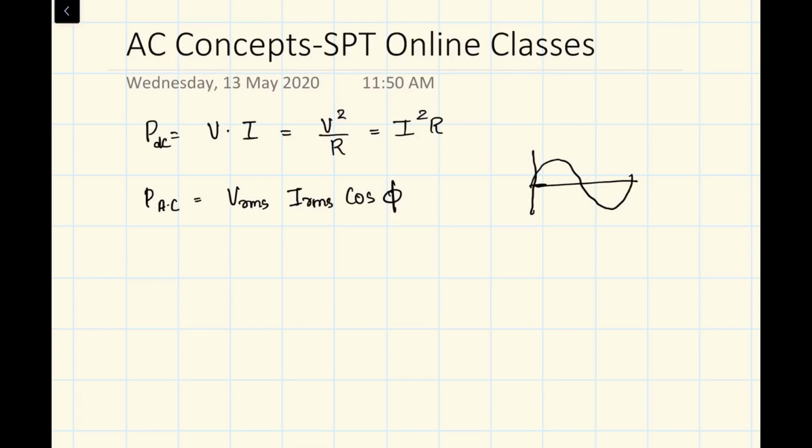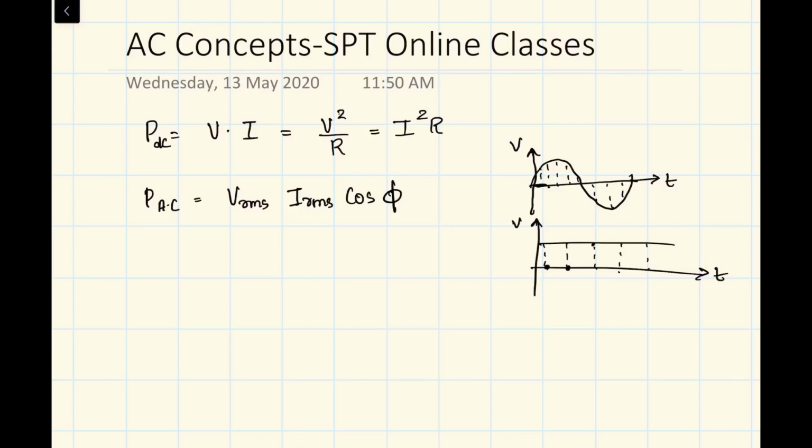In the case of DC, the voltage is constant with respect to time, but in the case of AC, voltage is varying with respect to time. At every instant in DC you get a constant value, but in AC it keeps on varying. So if you simply write VI, that will be the instantaneous power. We don't have much use for it.